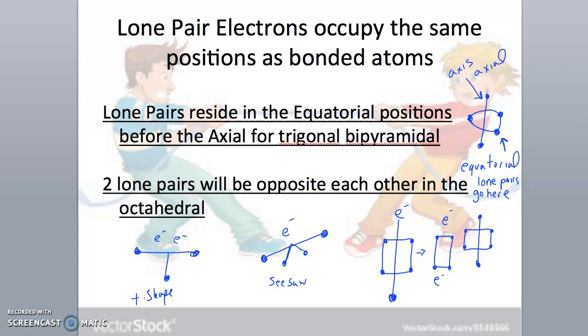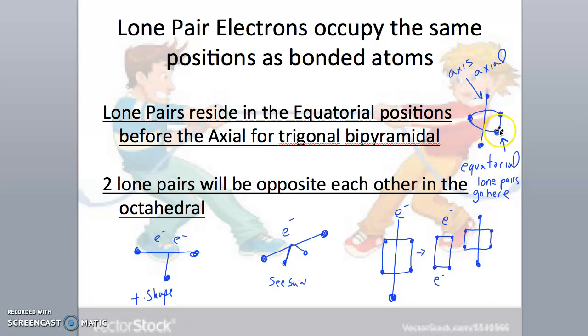There's a couple things worth noting here. When we get up to the trigonal bipyramidal, so this is 5 domains, if we have a lone pair, it's going to reside on what we call equatorial positions. So this is the best I could do to draw this, but I've got 5 domains. So I've got a central atom in here, and I've got two domains kind of along this straight line, and then I've got 3 more kind of circling this.